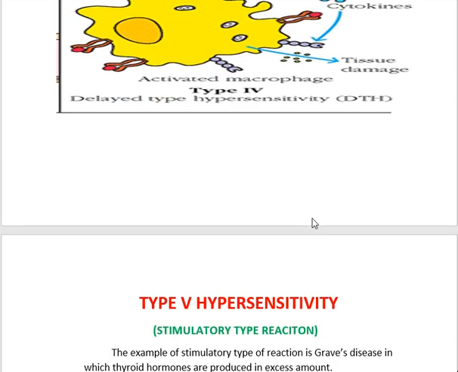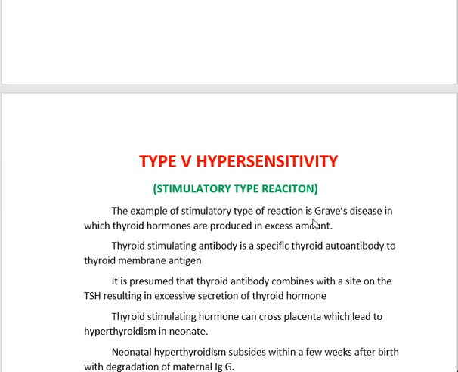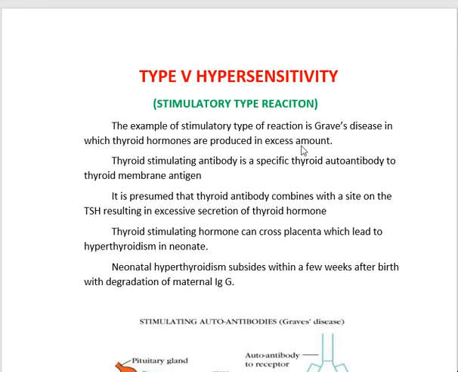And recently, a 5th type of hypersensitivity was also introduced, that is the stimulatory type reaction. The example of this kind of stimulatory reaction is Graves' disease, in which thyroid hormones are produced in excess amount.